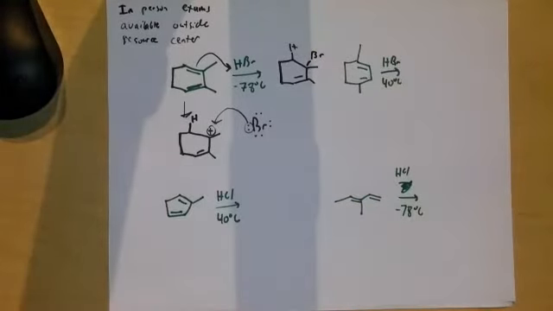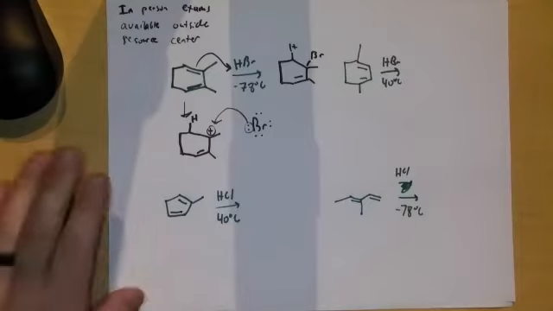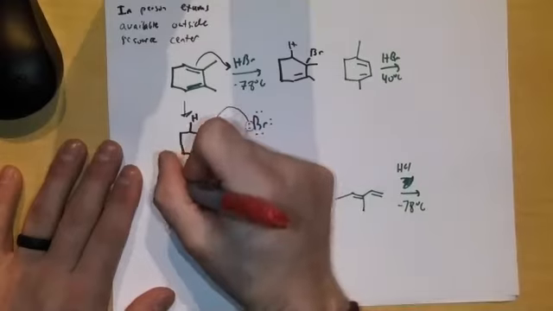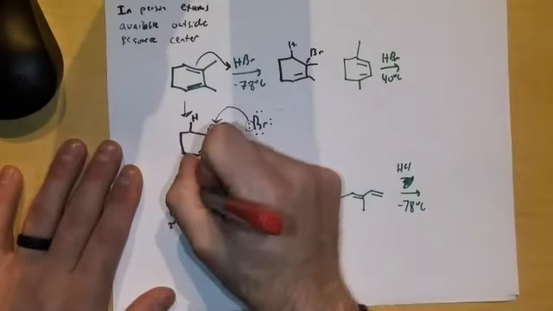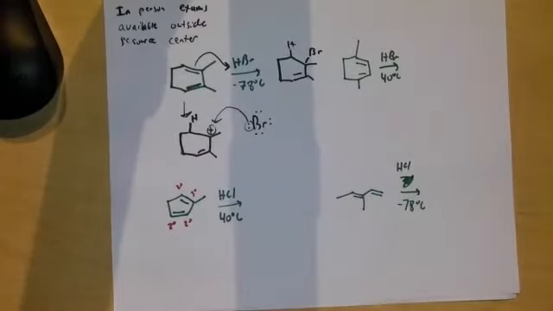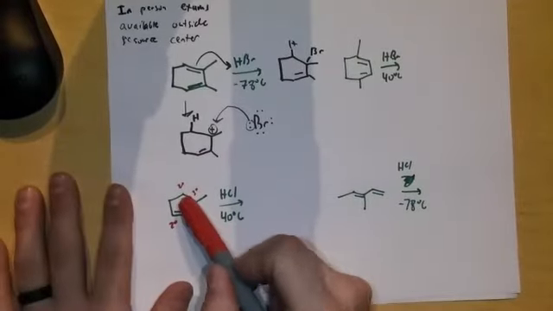All right, our next one, we have two different double bonds here. The one on the bottom has two secondary centers. The one on the top has a secondary and tertiary center. The tertiary center is in the resonance position. Because of that, this one is more likely to attack.